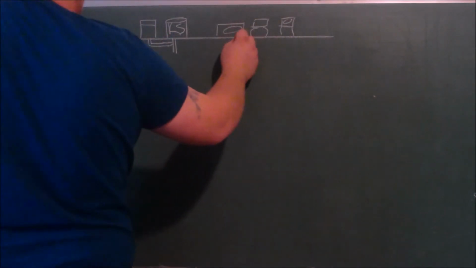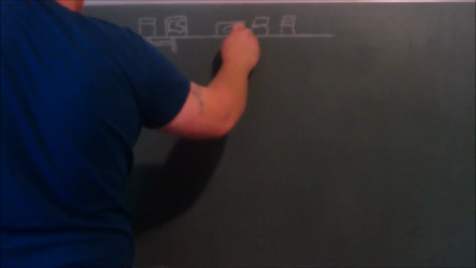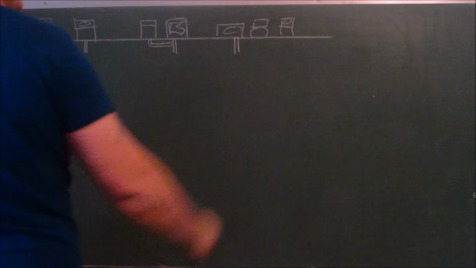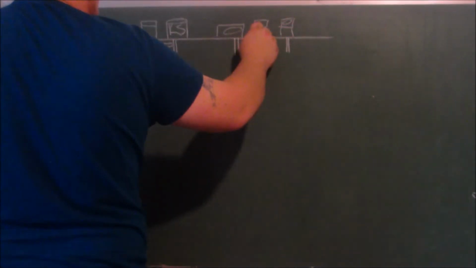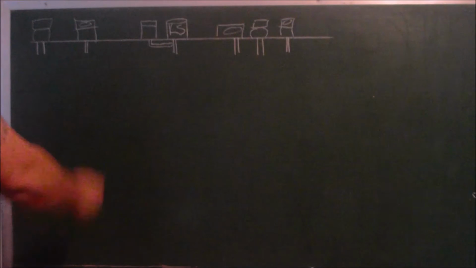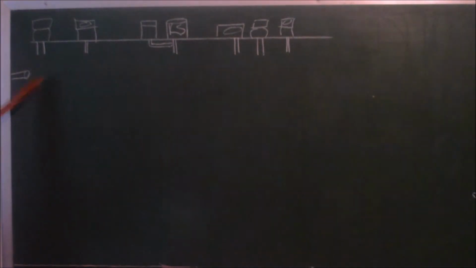And then we'll have a 2-inch line, 1.5-inch line, and then another 4-inch line. Okay, now our main sewer drain line would come in right here, and that's a 4-inch pipe.